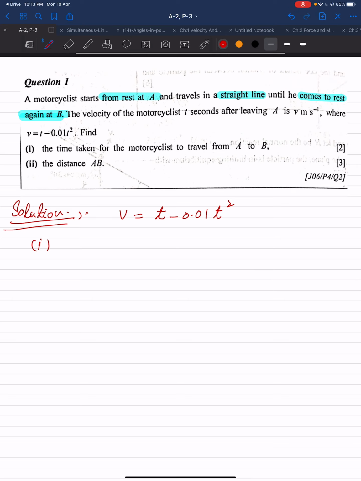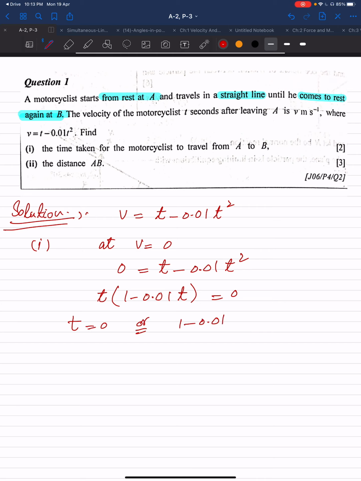So taking v equal to 0, this becomes 0 is equal to t minus 0.01 t square. If we factorize it, taking t as common, t times (1 minus 0.01 t) equals 0, so t is equal to 0, or 1 minus 0.01 t is equal to 0.